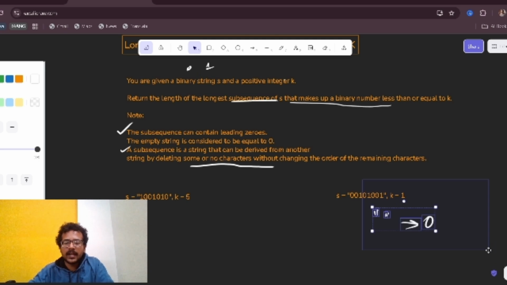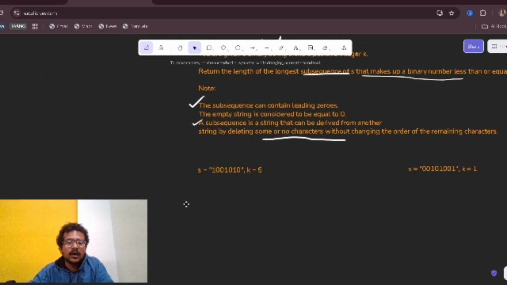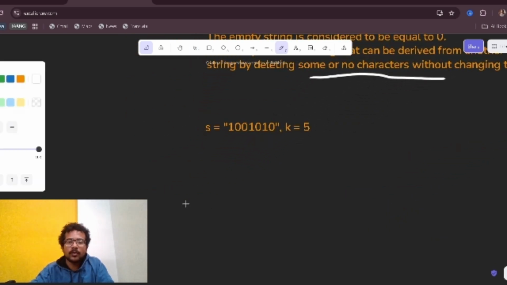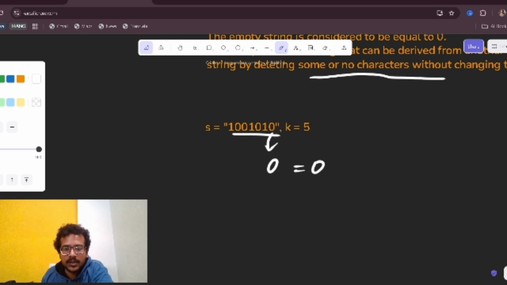Now let us look at an example and understand how we can solve this problem. First thing, here I have 1 0 0 1 0 1 0. First of all, let me take this 0. What will be the value of this 0? Just 0. Why? Because at the zeroth place, I have 2 power 0, then 2 power 1, 2 power 2, 2 power 3, 2 power 4, and so on.